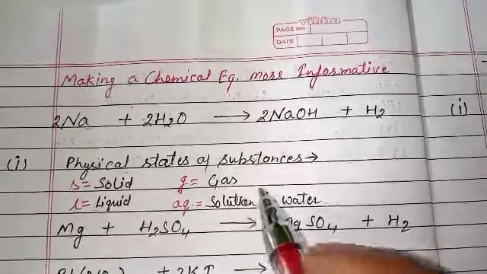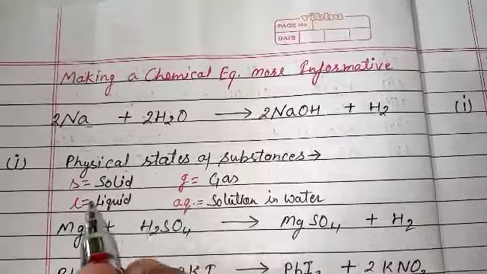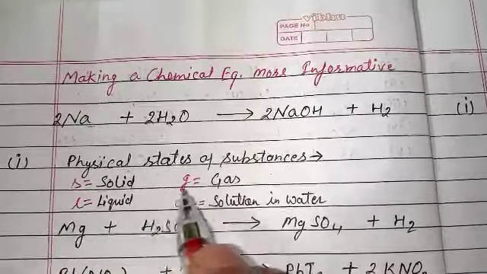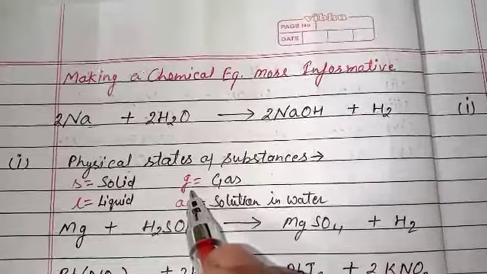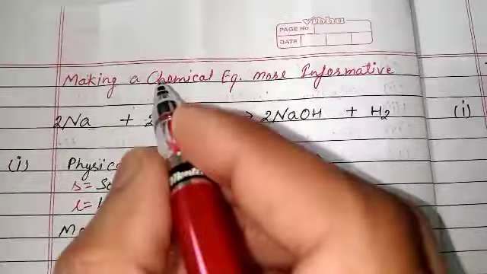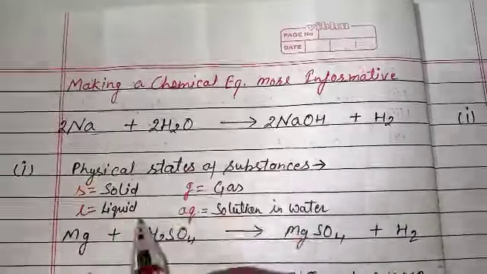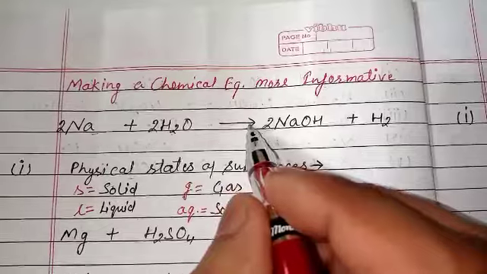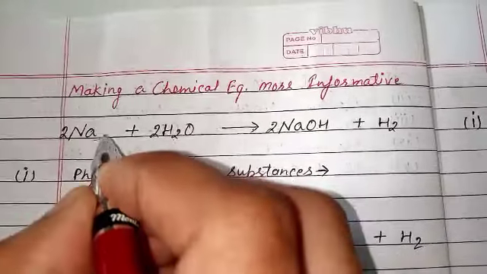Clear? So these symbols can make the chemical equation more informative. If we put these symbols into the following equation, we can write it in this way.